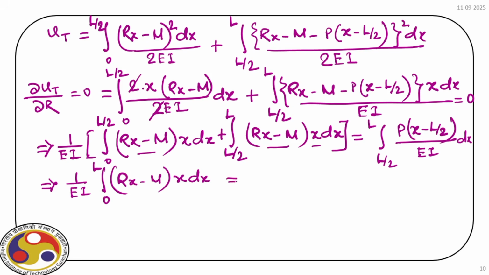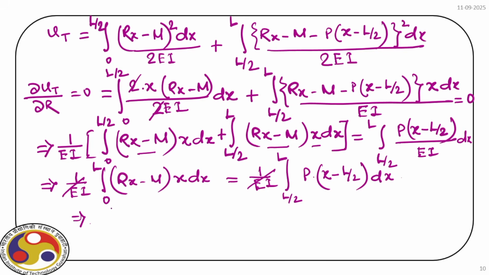Now on the right hand side, we have 1 by EI, L by 2 to L, and we have P times x minus L by 2 times dx. So both sides we can cancel this term, and we can further simplify this expression, right? So let us quickly do that.